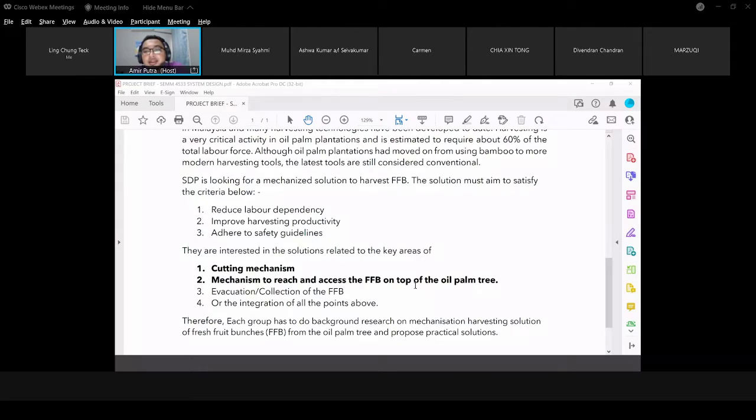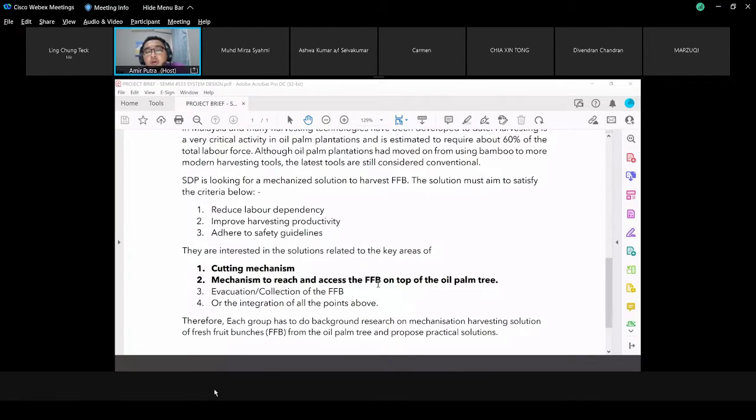If you ask me what load we can expect for the FFB, normally the average is 20 to 30 kilograms for a matured oil palm tree. For a young matured tree, around 5 to 6 years, it is around 10 kilograms only.